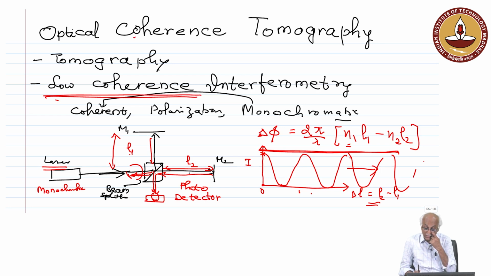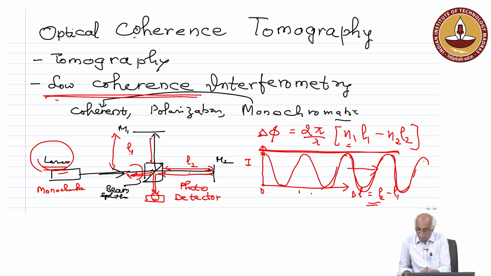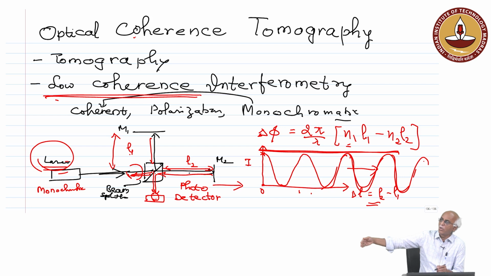So, we intentionally use a light source which is broadband, not narrow band, so that the coherence length, okay. See here, if I am using a monochromatic light source, I will keep observing such an interference pattern as this path length changes, and this path length can go up to a very long distance.